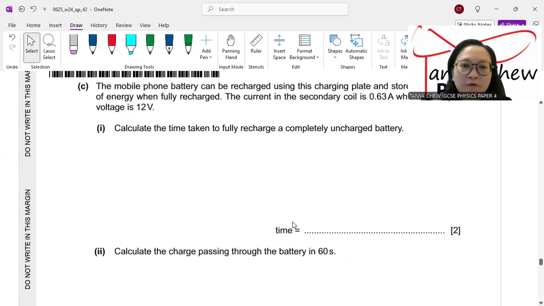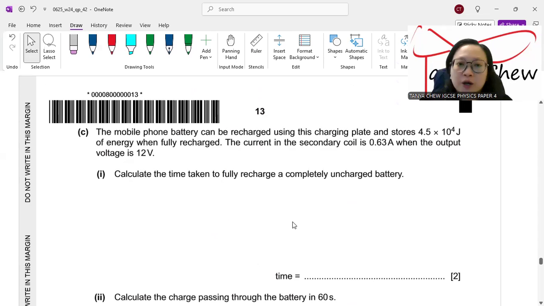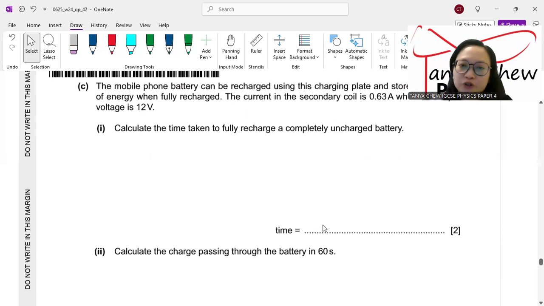Now, the mobile phone battery can be recharged using this charging plate and stores 4.5 times 10 to the power of 4 joules of energy when fully recharged. The current in the secondary coil is 0.63 ampere when the output voltage is 12 volt. First part, calculate the time taken to fully recharge a completely uncharged battery.